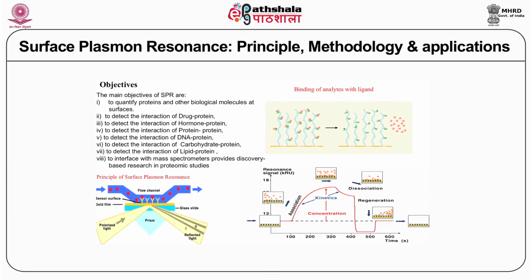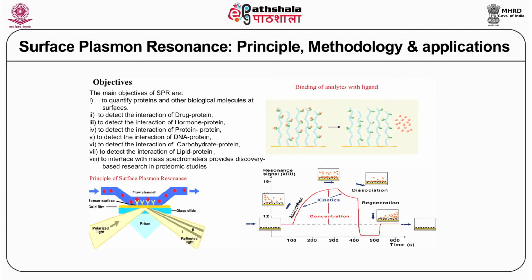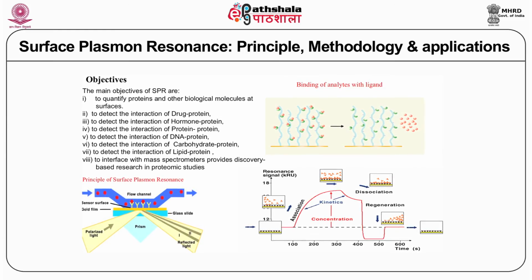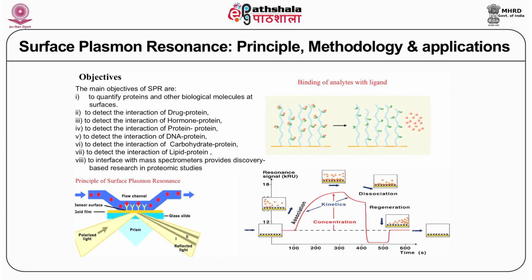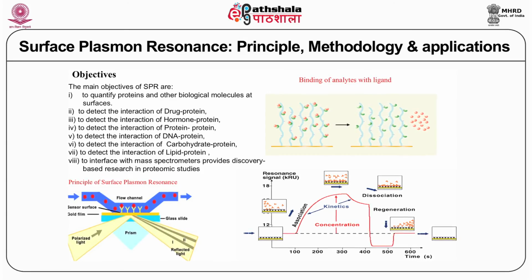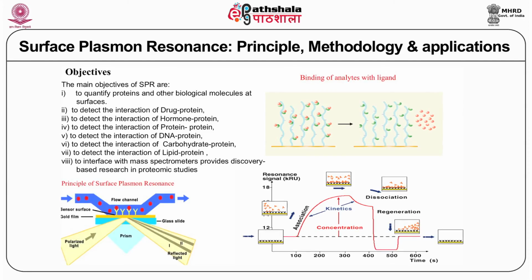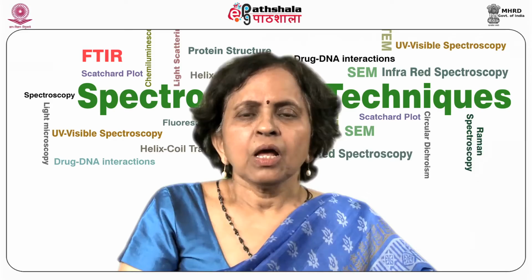You will also learn how to detect carbohydrate-protein interactions, because a carbohydrate per se does not have any secondary structure like a protein or a nucleic acid, but when it binds to a glycoprotein or to DNA, how it actually interfaces with these things will be studied also.